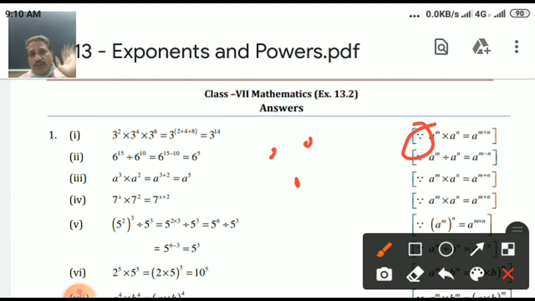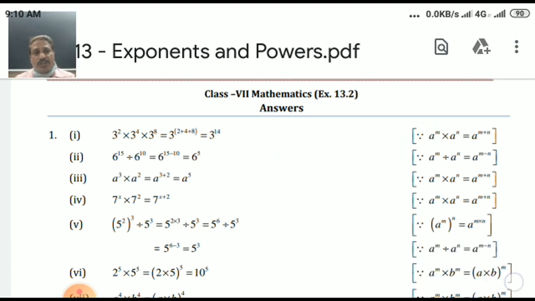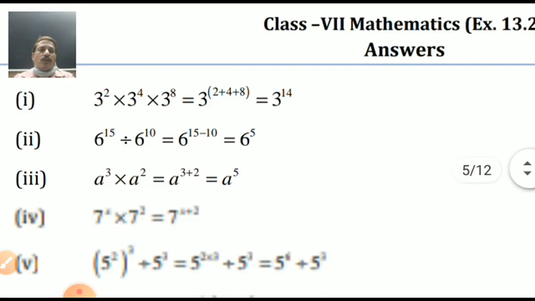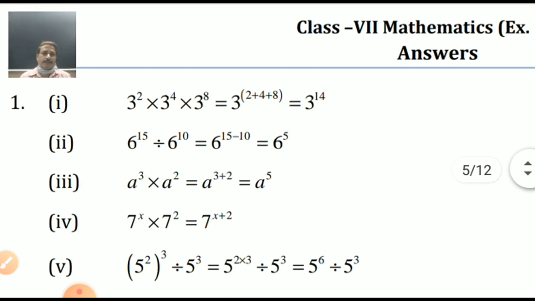You should prove it. So because of this rule, this is the point. 3 into 3 into 3, that's the common 3. Now 2 plus 4 plus 8, all exponents added. Can you see properly or do you want the expansion? Okay, I will show it a little bigger. Correct. Now you can see it properly.